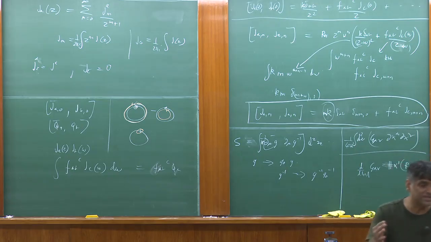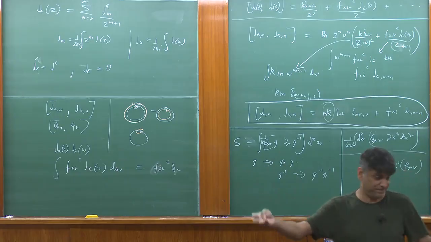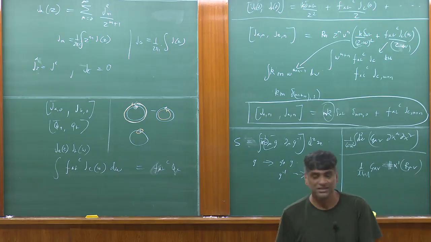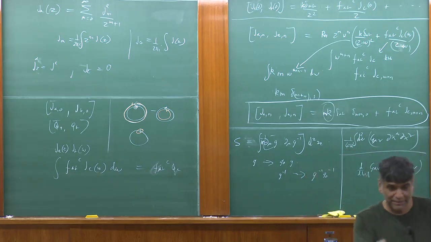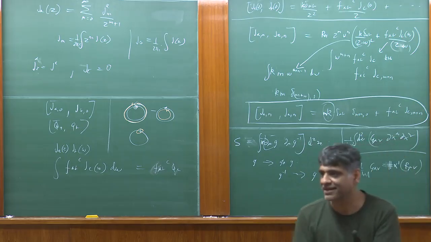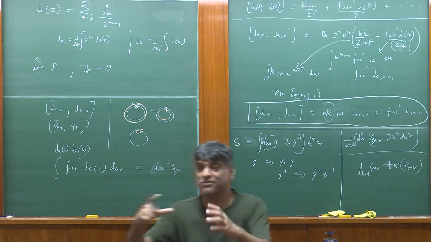Because you started with a metric which had SU2 times SU2 symmetry, and nothing you're doing breaks that symmetry. The renormalization doesn't break that symmetry. So the right hand side can only mix with other metrics with that symmetry. But this is the unique three-dimensional metric that has SU2 times SU2 symmetry. So you will not change the form of the metric.